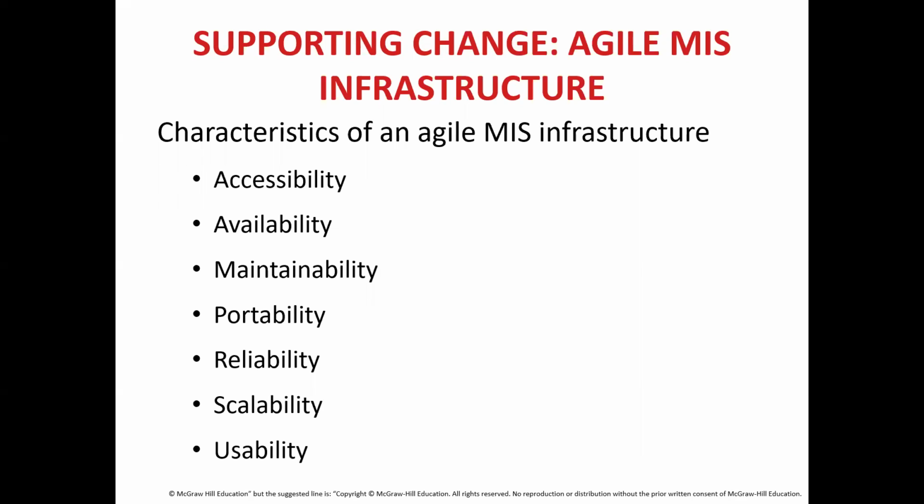Supporting change: agile management information systems infrastructure. If an organization grows by 50% in a single year, its systems must be able to handle a 50% growth rate. Systems that cannot adapt to organizational changes can severely hinder the organization's ability to operate.